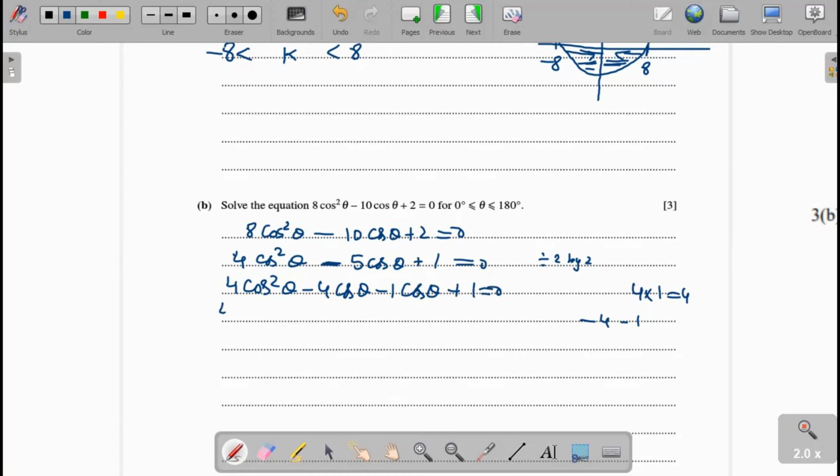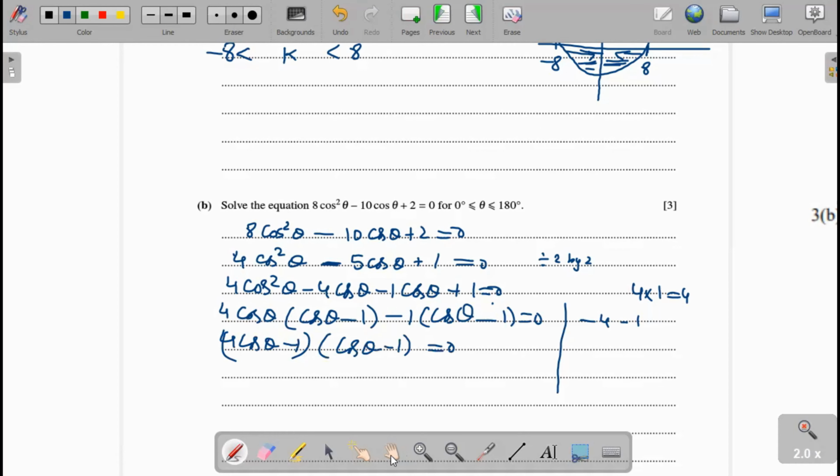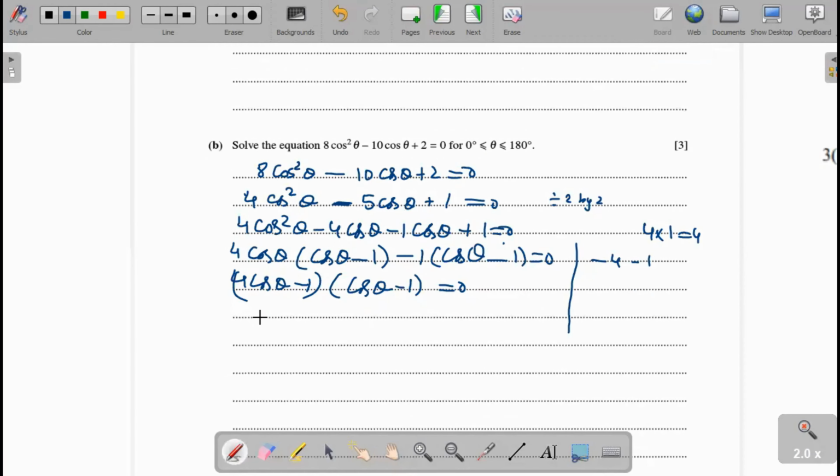Now we take common factors: 4cosθ is common from the first two terms, giving 4cosθ(cosθ − 1), and −1 is common from the last two, giving −1(cosθ − 1) = 0. So (4cosθ − 1)(cosθ − 1) = 0. There are two factors here: 4cosθ − 1 = 0 or cosθ − 1 = 0.